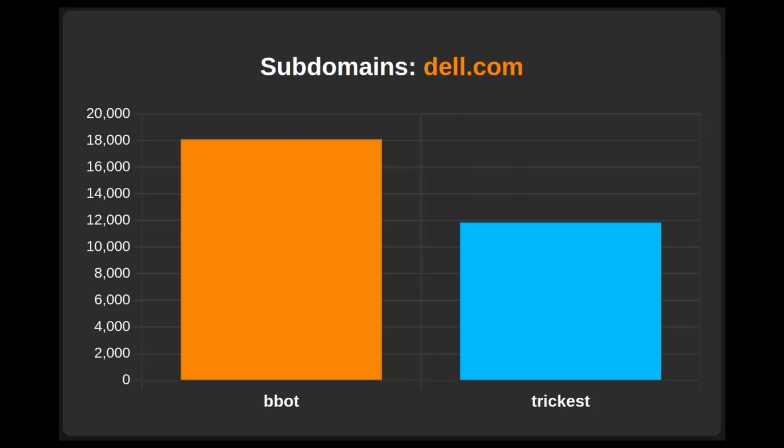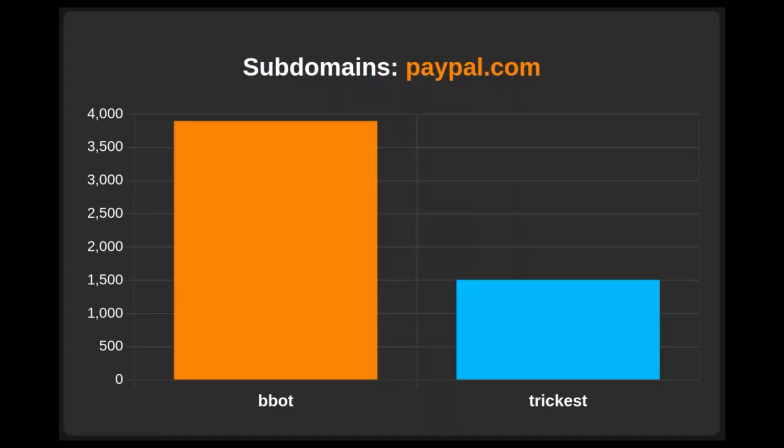BBOT was able to find quite a bit more. This was Dell.com, which is a pretty big target, in the realm of like 20,000 subdomains. And typically, the bigger the target, the bigger the gap is. Basically, the more BBOT is able to find. But you can look at PayPal.com, similar results. BBOT found more than twice as much, just thanks to its recursion.